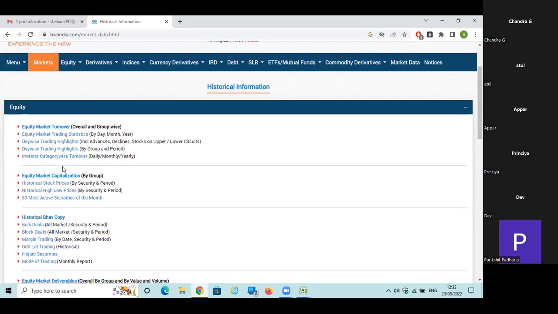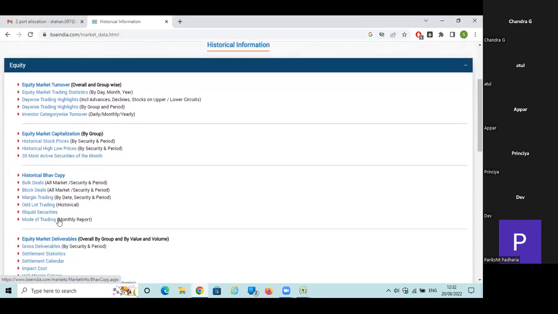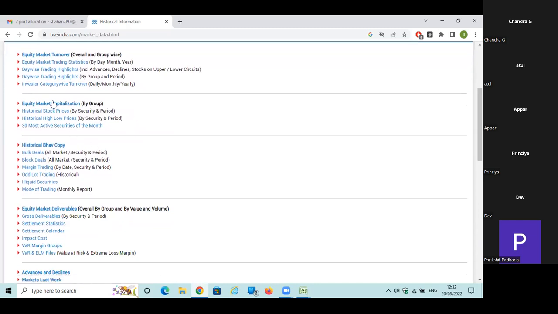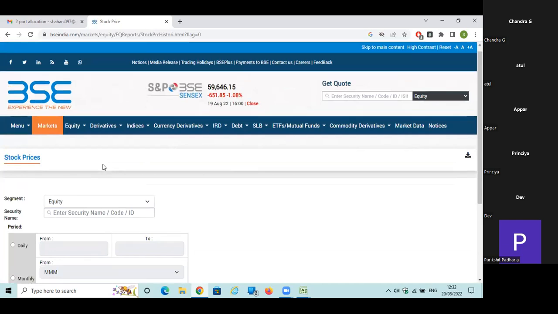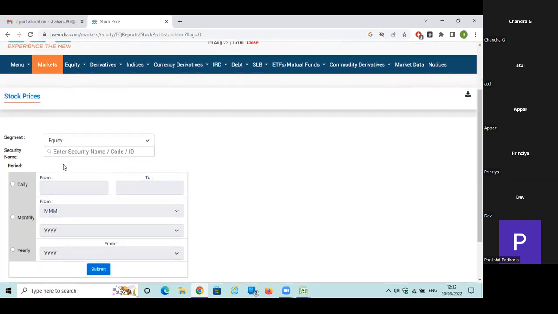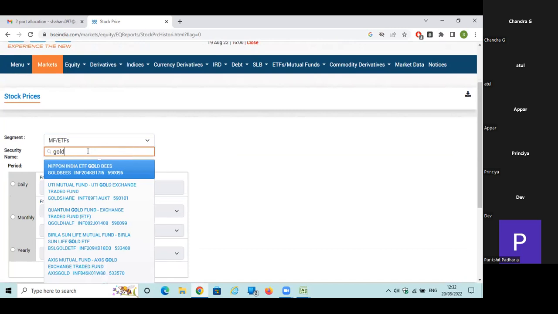Equity, historical stock prices. No, equity market capitalization. Now select gold. MFs and ETFs. Gold Bees.